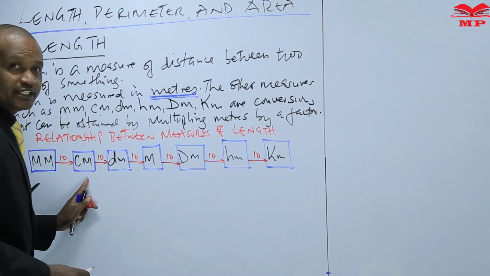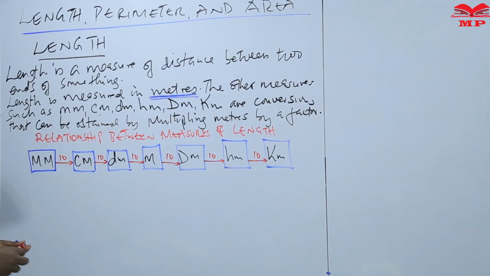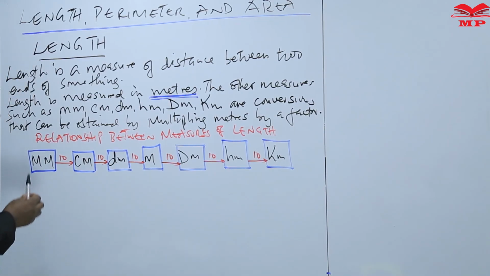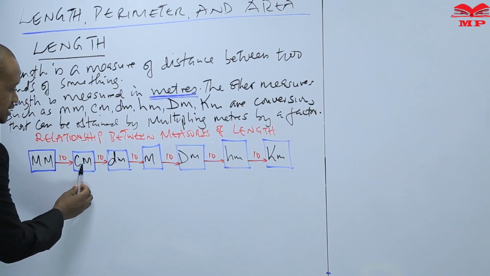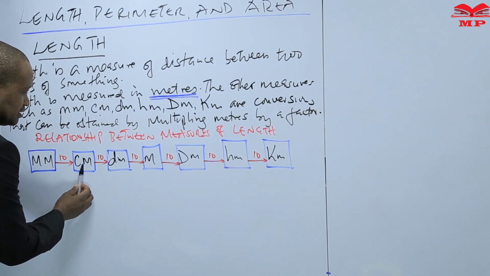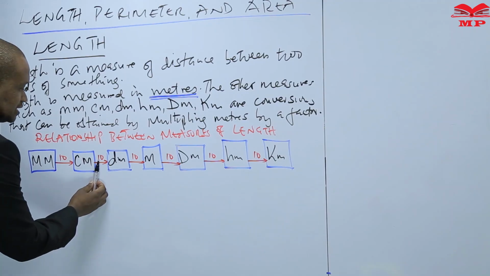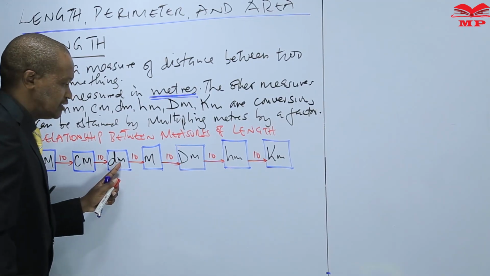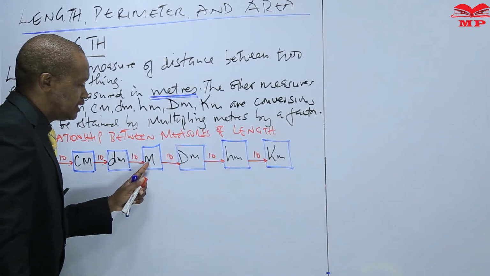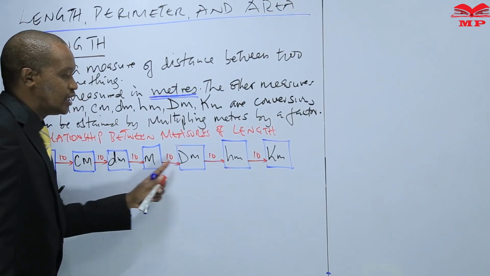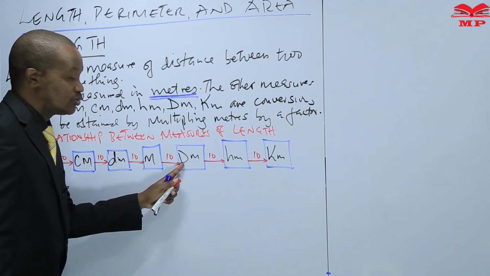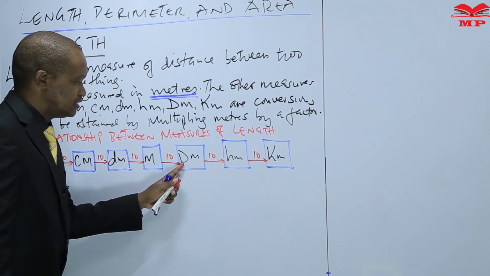Now from this diagram, we can learn that 10 millimeters make 1 centimeter. 10 centimeters make 1 decimeter. 10 meters is equal to 1 decameter.